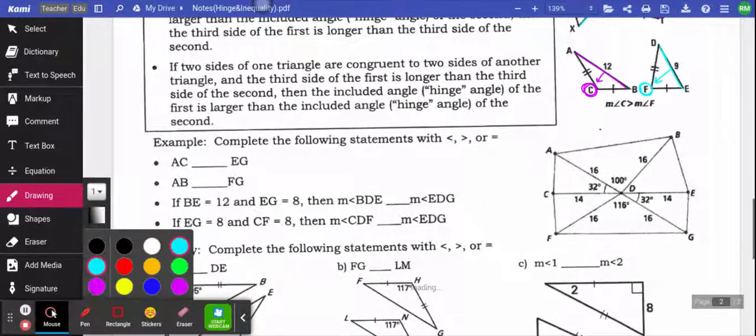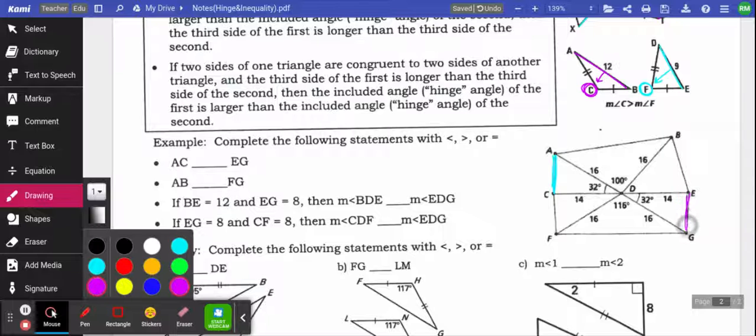Sometimes they might be equal to each other. If they're equal to each other, what do you think about the side lengths? Equal as well. So let's dive into the first example. We're going to write either less than, greater than, or equal to, and we're looking at side lengths AC and EG.